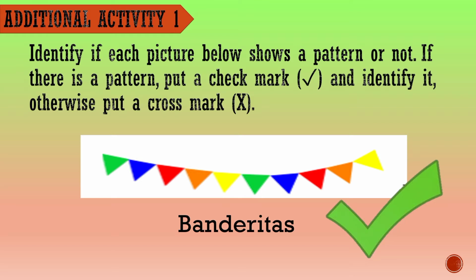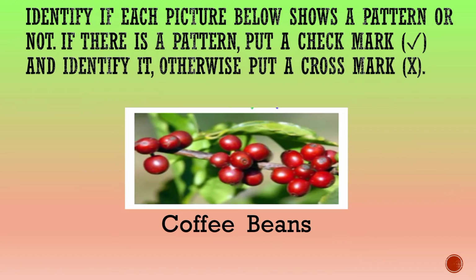If you say the color of the banderitas is green, blue, red, orange, yellow are the order of the banderitas, then you are correct. Now, let's take a look with the coffee beans. Do you see any pattern? If you put a check mark, then you are correct. As we observe, the bunch of coffee beans show a pattern.